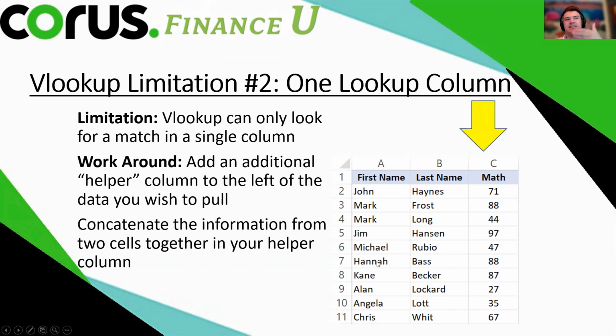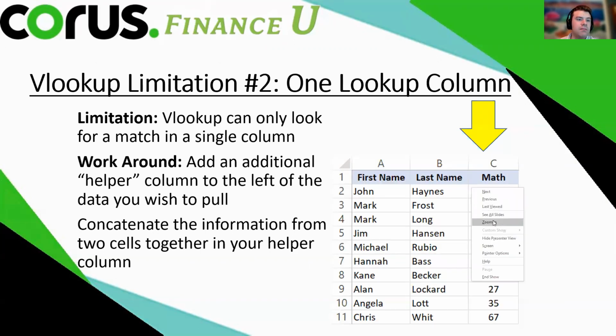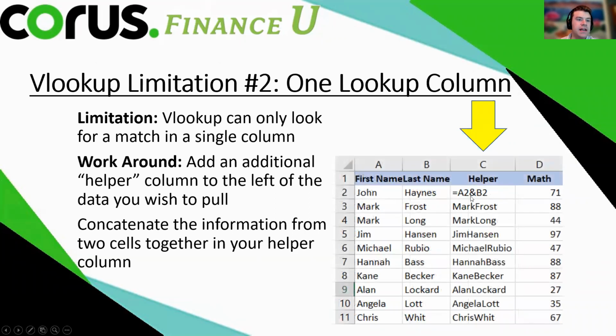So if you have something where combining two items together creates a unique key, like a person's name, you will want to create a unique helper column where you combine these two. You insert a new column and put equals A and B, and voila, there you go. Now, when you're looking for things, you can look for A and B.